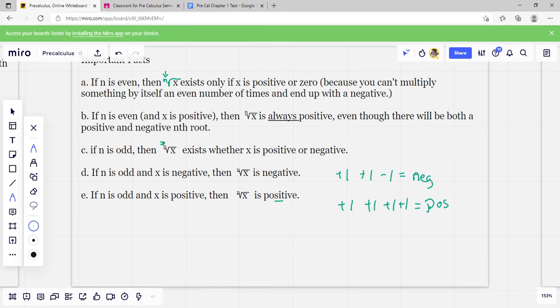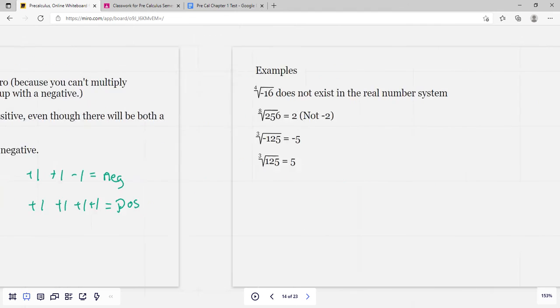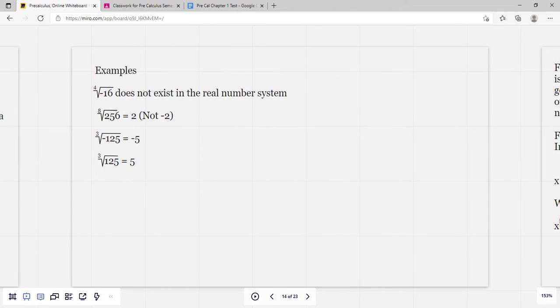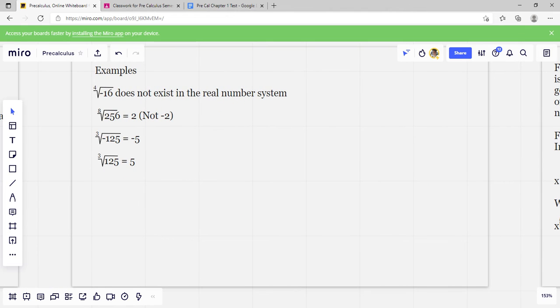All right, let's look at some examples of these. The fourth root of negative 16 does not exist in the real number system because, let's see, 2 times 2 is 4, 4 times 2 is 8, it would be 2.